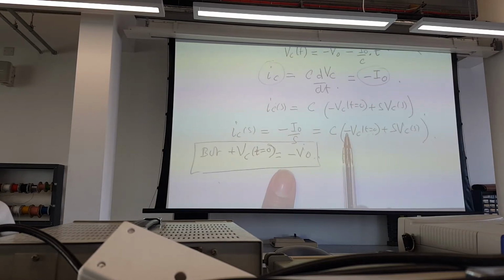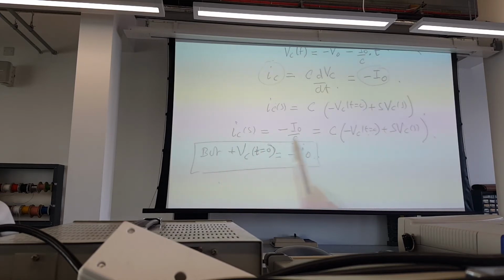Now, there's already a minus VC at time t equals 0. So if you put VC at time t equal to 0 as minus V naught, then the minus times a minus becomes a plus. Can you see that? The minus times the minus becomes a plus.